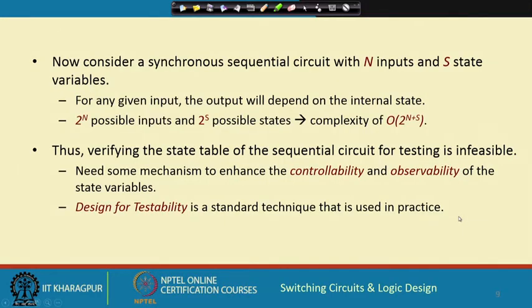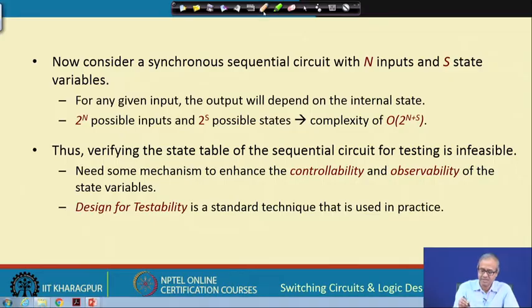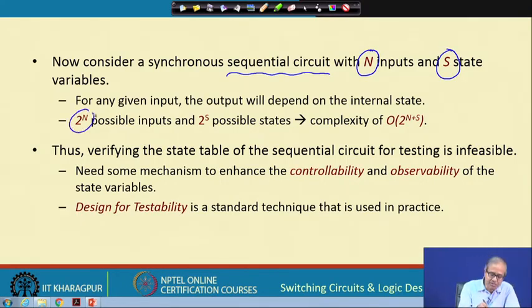Well, we have talked about combinational circuits, but if you consider sequential circuits, the problem becomes even more complex. Suppose there are n number of inputs and s number of flip flops or state variables. So, there can be 2 to the power n number of primary inputs and 2 to the power s number of states.